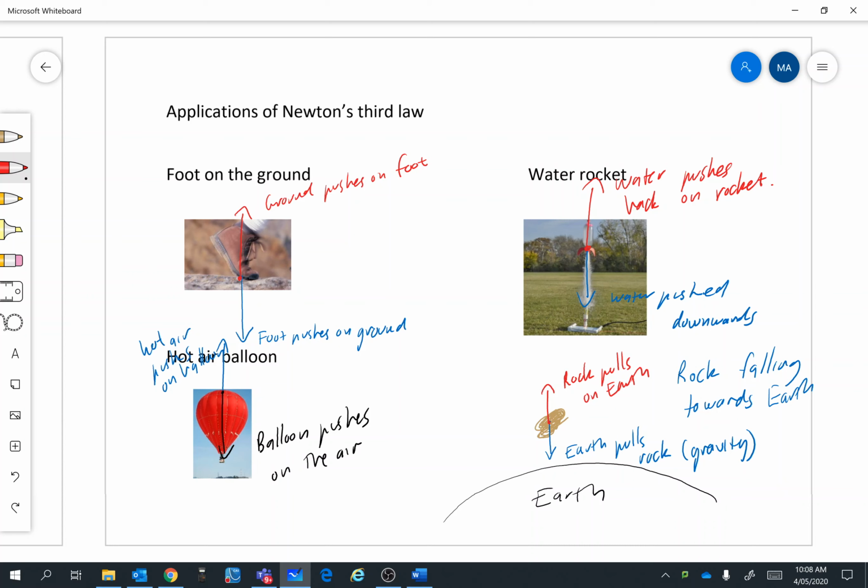Now, because of the huge difference in mass, the pull of these smaller objects on the Earth is imperceptible. It's highly perceptible when we drop a rock because we can see it fall towards Earth. That force is very perceptible, but the reaction force is basically imperceptible because of the massive mass of the Earth.